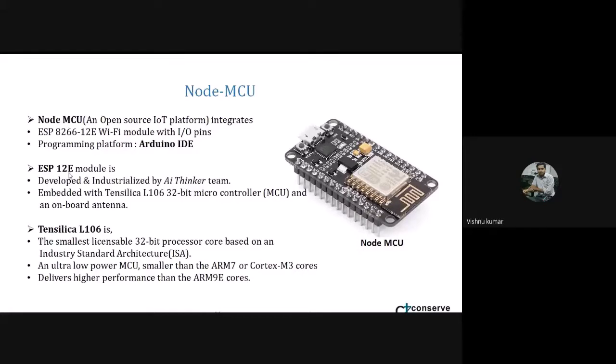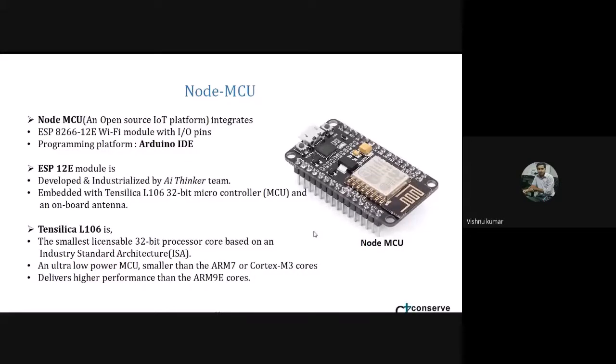The ESP12 module was developed and industrialized by the AI Thinker team, who manufacture this ESP8266 so that we can use it as a Wi-Fi controller. It is embedded with the Tensilica L106, a 32-bit microcontroller. That is a high performance microcontroller, because even for this simple interrupt management we need that much processing power.